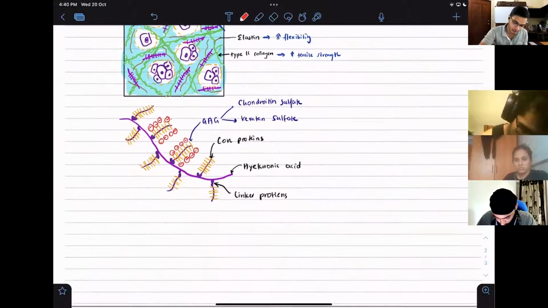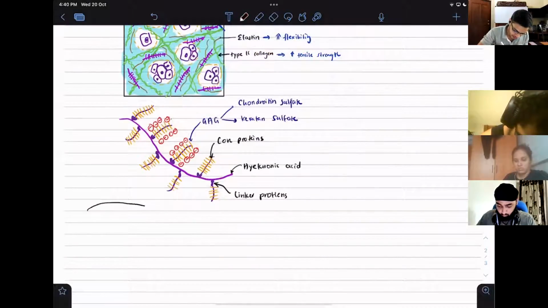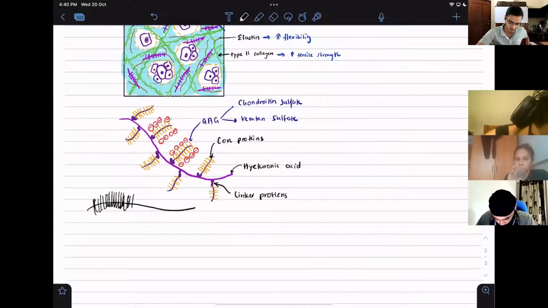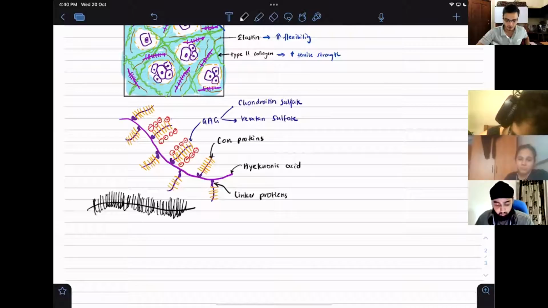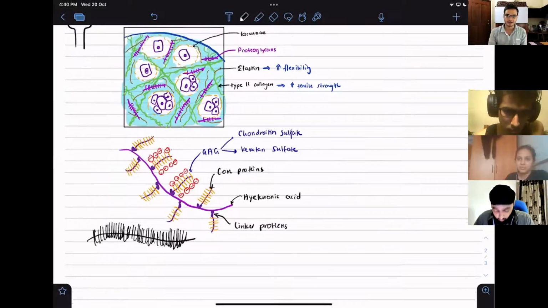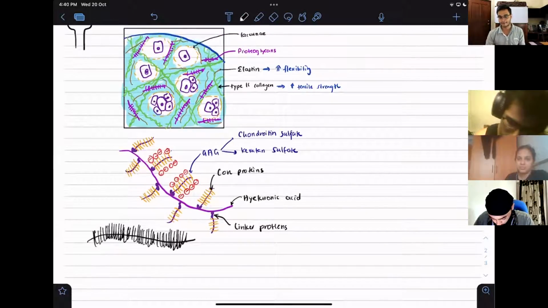Here we drew the structure a little spread apart for easy identification. If you actually look at it, guys, it looks something like this. There are no large gaps between these core proteins. So if they're highly negatively charged like this, and tightly packed together, what do you think is the function of this proteoglycan in the cartilage?